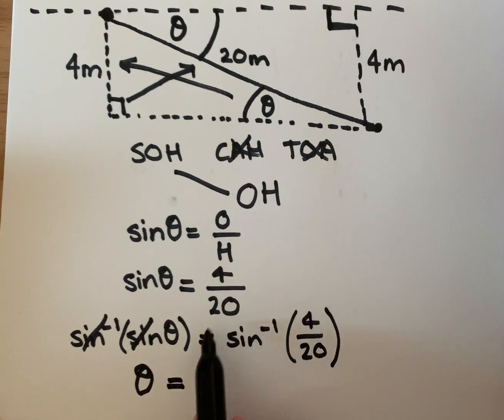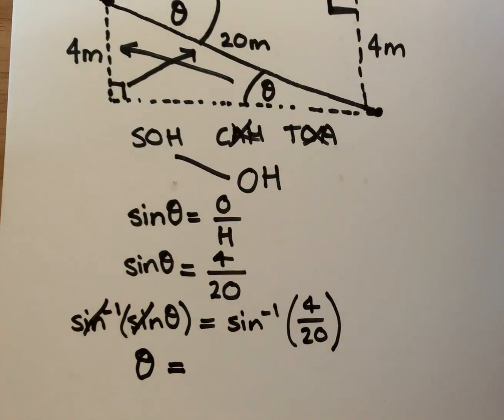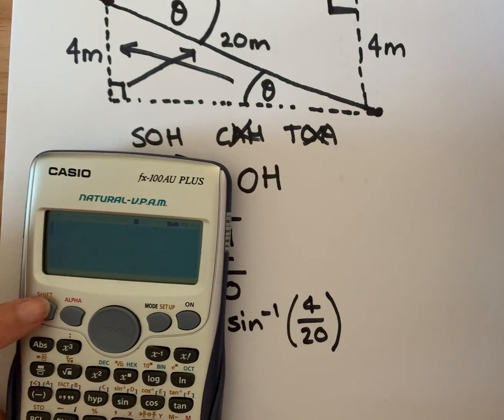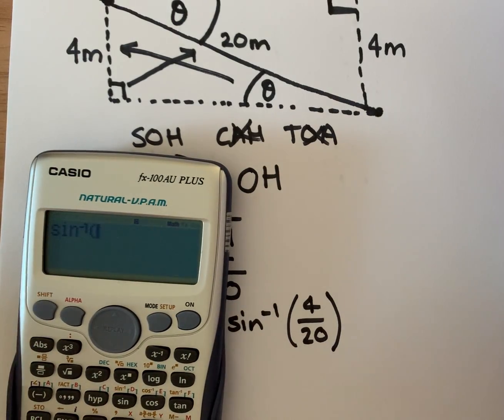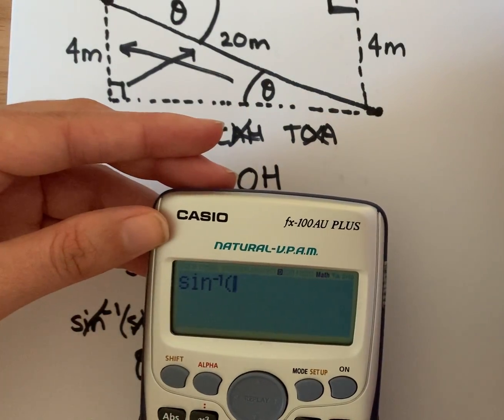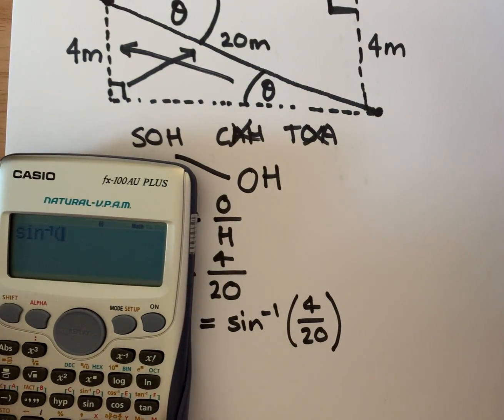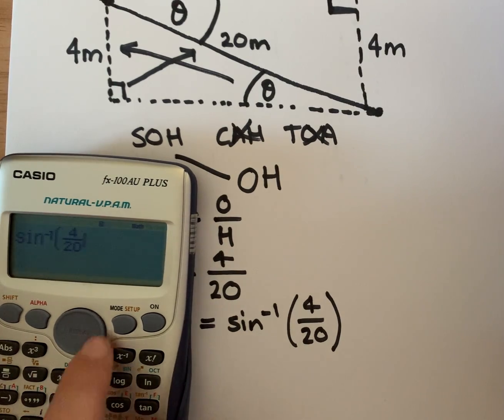And then we've got this expression here, which we can just type into the calculator. So if we want to get the inverse sine, we just press Shift Sine. And we should end up with that little inverse sine. And then we need to take the inverse sine of 4 over 20.